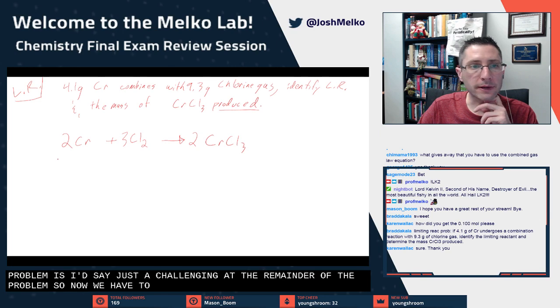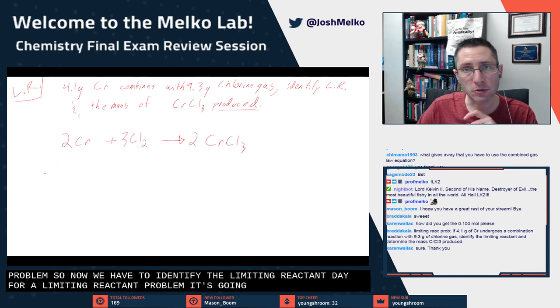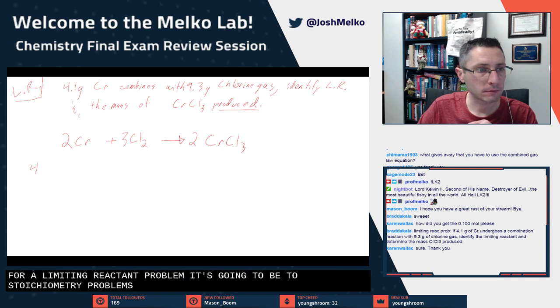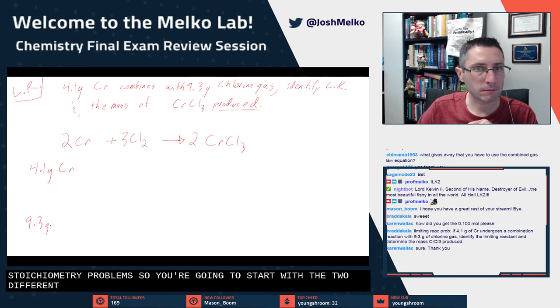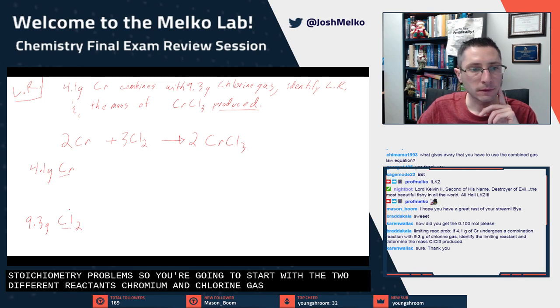So now we have to identify the limiting reactant. For a limiting reactant problem, it's going to be 2 stoichiometry problems. So you're going to start with the 2 different reactants, chromium and chlorine gas.